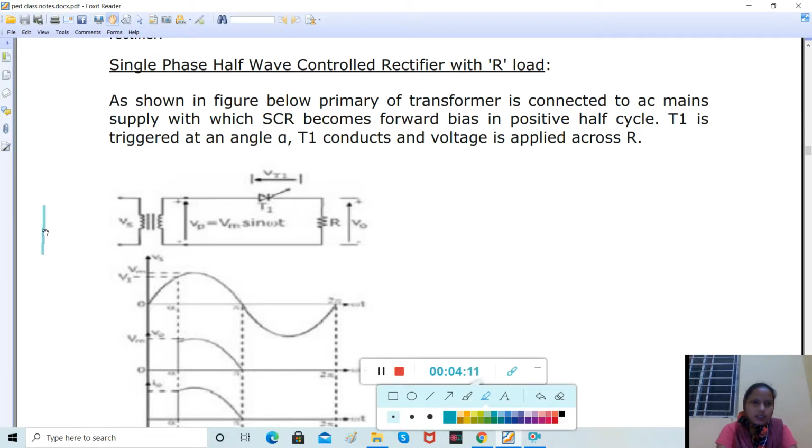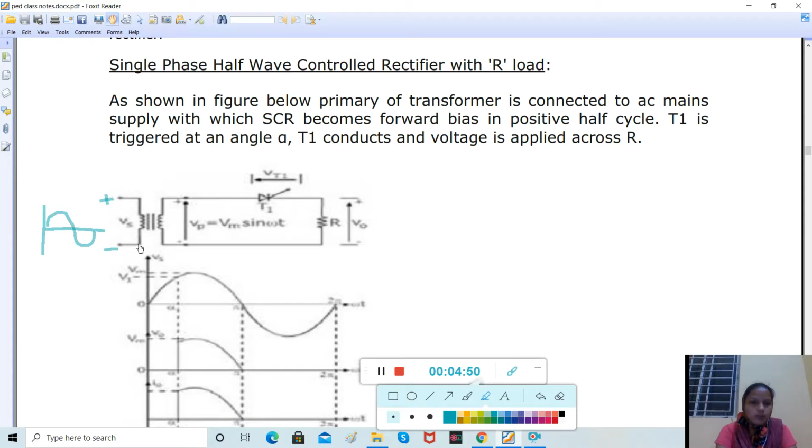When the positive half cycle is applied across the source, across these two points, then the thyristor behaves as a forward biased device. So it can connect the supply voltage to the load, and we get the load voltage V0 across the resistive load. When the supply is in the positive half cycle, that means this is plus and this is minus.